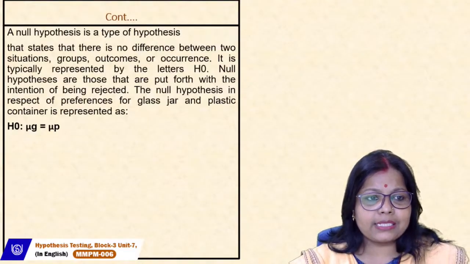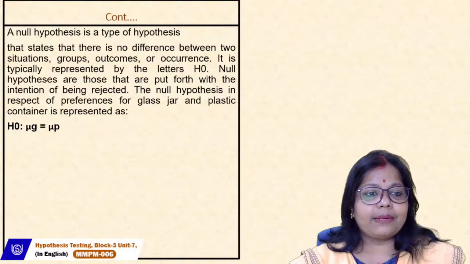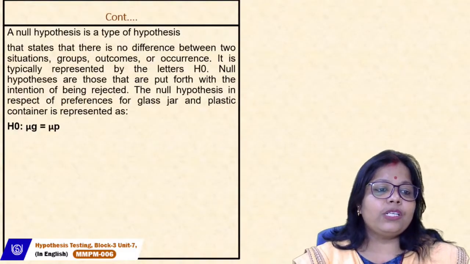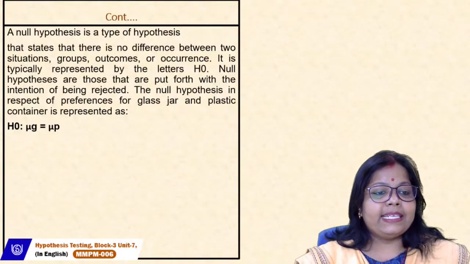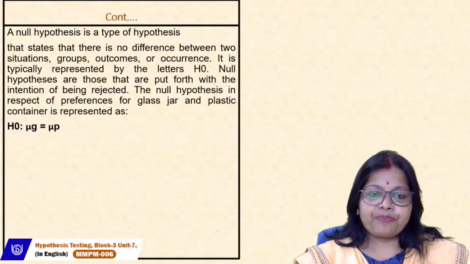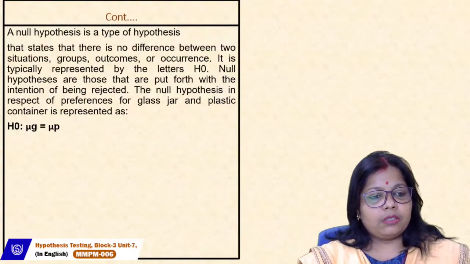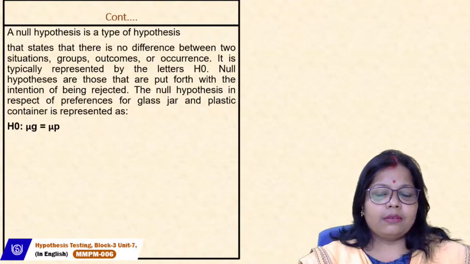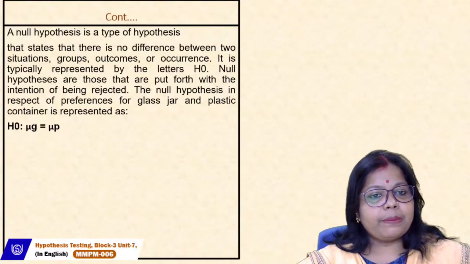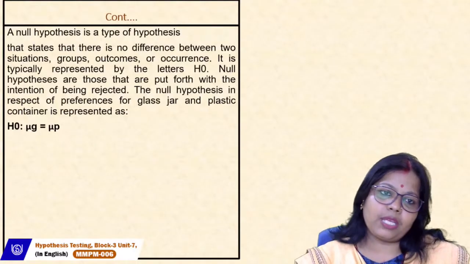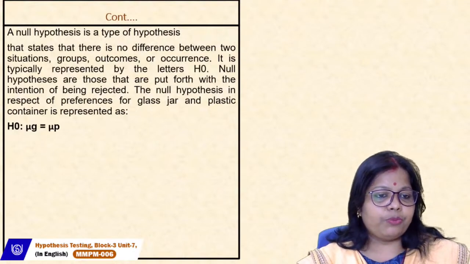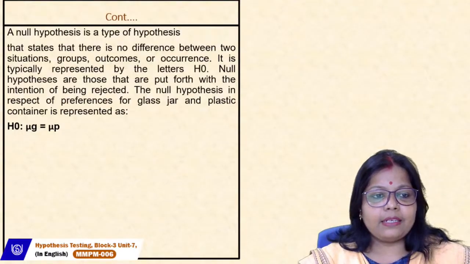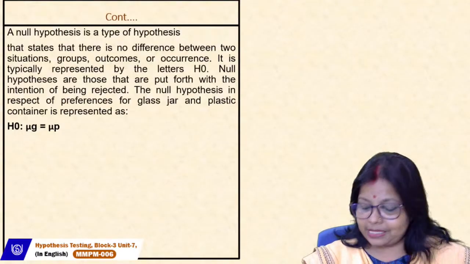The null hypothesis in respect of preference of glass jar and plastic containers is represented here as H0: mu G is equal to mu P. It says the people liking glass jars are the same as the people preferring plastic containers. So there is no difference. Both are equal. Mu G is equal to mu P. Mu stands for the mean, G stands for glass container.